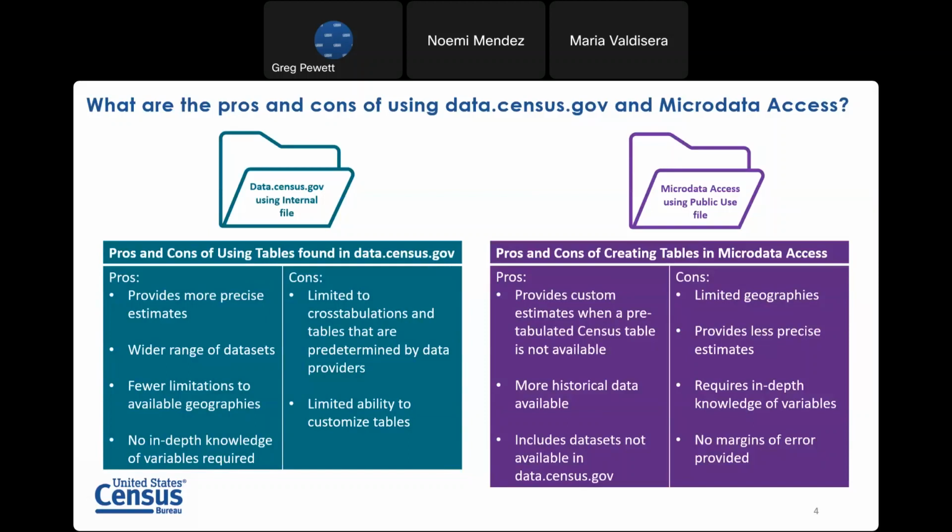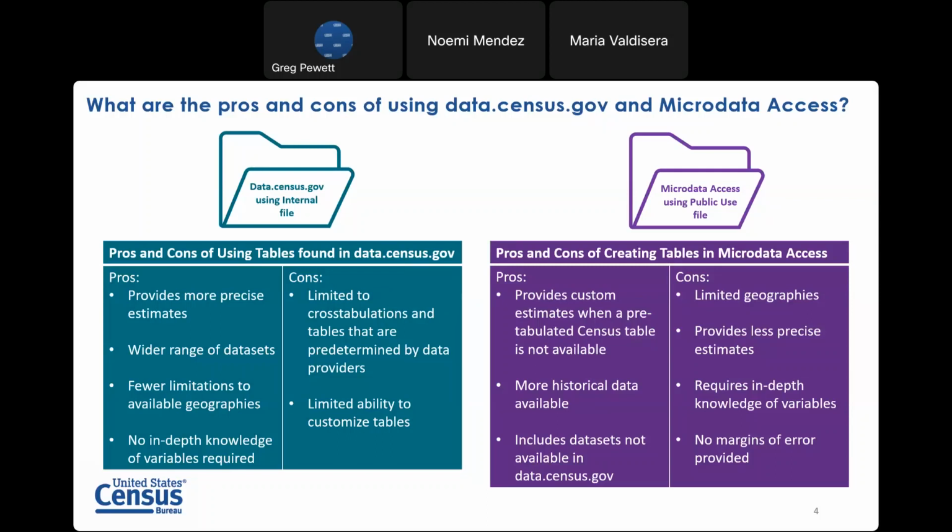Some of the pros associated with data.census.gov include that it provides more precise estimates since we are pulling from a larger sample size, a wider range of data sets, fewer limitations to available geographies, and there's no in-depth knowledge of the variables required. On the cons, it is limited to cross-tabulations and tables that are predetermined by data providers, and data.census.gov does have limited ability to customize tables.